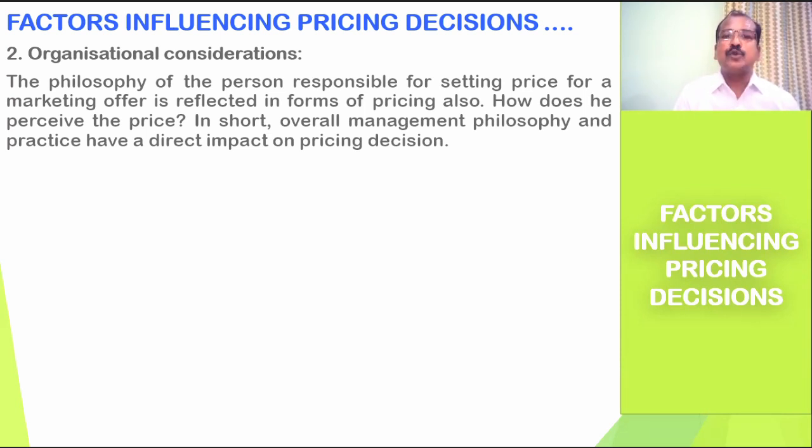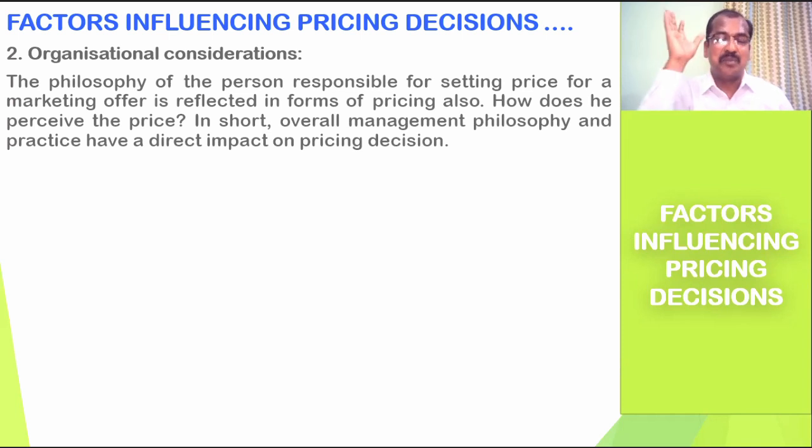Therefore, he will be induced to set a higher price. If the responsibility is given to a marketing guy, obviously he will move towards setting the lowest price possible. On many occasions, he will be interested in setting a lower price for the marketing offer so that a large volume of the product could be sold in the market and this particular brand will earn a higher market share in the product market. So this will be the influence of the functional area to which the person responsible for setting price for a marketing offer belongs. This is my understanding regarding the second point.